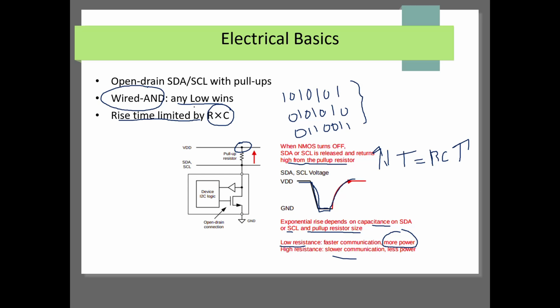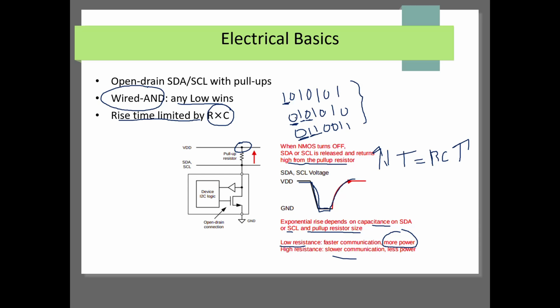Any low wins means, see, here there is a 1 in the most significant bit, that is high, right? That address is high, and here the MS bit is 0, and here also 0. Then compare the next MSB bit: here 1, and here also 1. Then the third bit is 0 here, and here the third bit is 1.